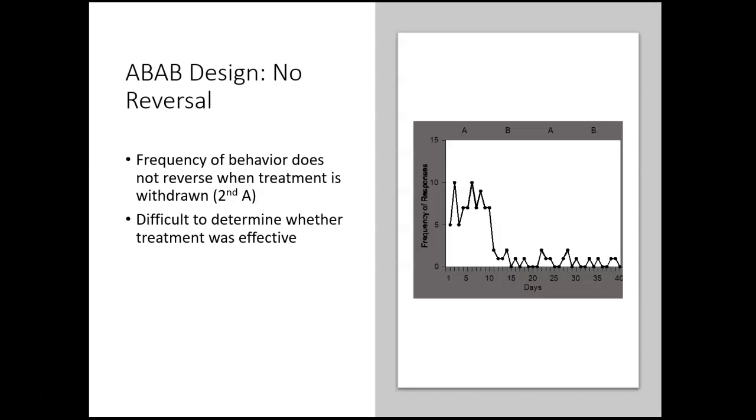If the pattern that you plot out in your graph doesn't show that characteristic return of a behavior that you applied a treatment to, that makes it hard for you to determine whether the behavior just naturally disappeared or whether the treatment itself was effective. So that's a difficulty that you might have in interpretation of the results when you don't see that predicted pattern.